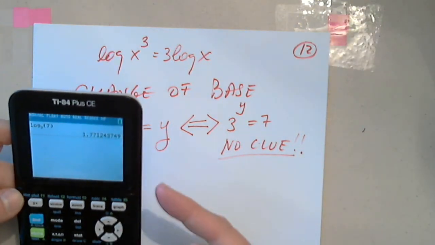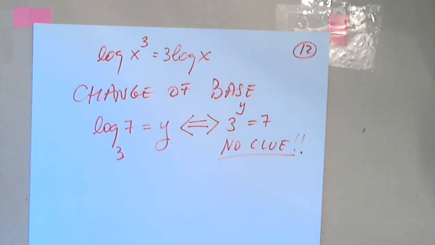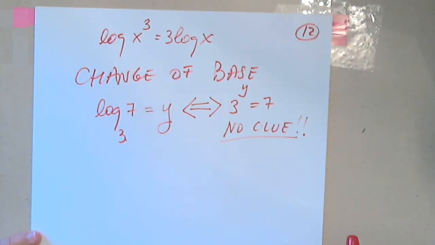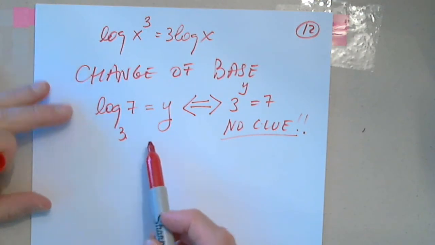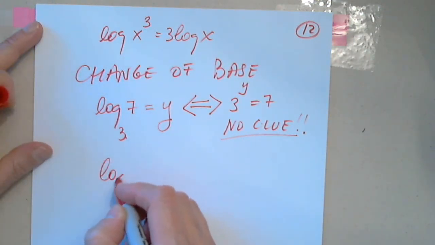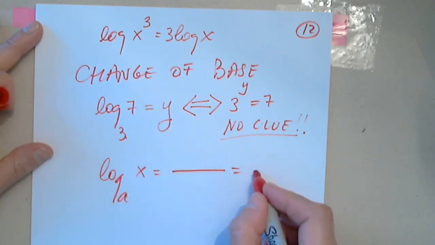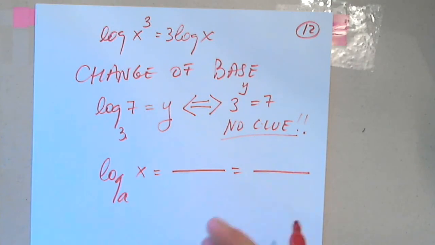So this calculator allows us to put the base we want. But most calculators, or the ones that are older I should say, will not. Can I still find this? Yes, of course. So log base a of x can be changed into one of 2 bases, not both, you don't need both.